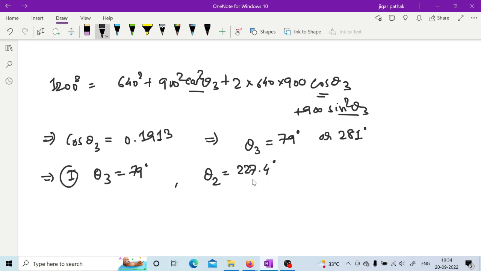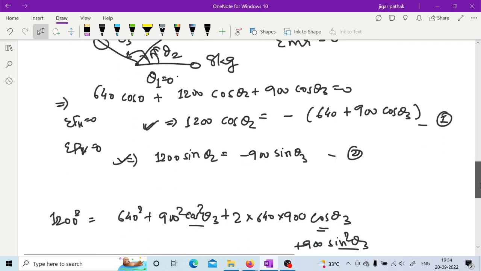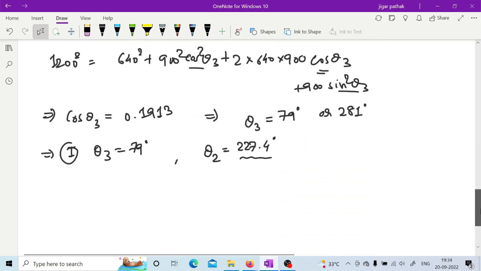Here also you will have some more options, but both the values of this theta 2 are negative, so when both are negative, then it must be the third quadrant, right?